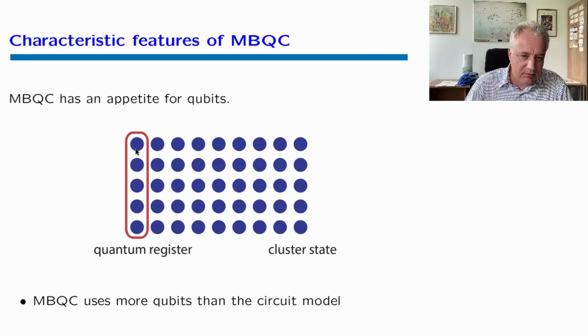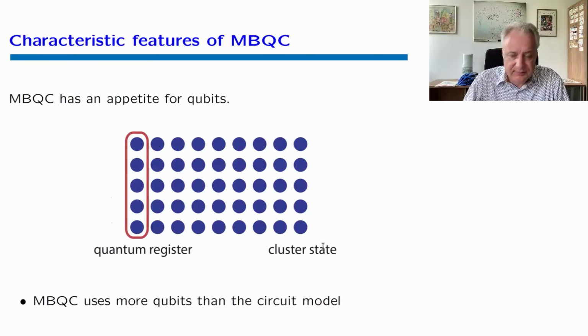And so you see this is the number of qubits you need in the circuit model. This is the number of qubits that you need in measurement-based quantum computation. So the number of qubits in MBQC is the number of qubits in the circuit model times the number of time steps. Okay, so MBQC uses many more qubits than the circuit model.